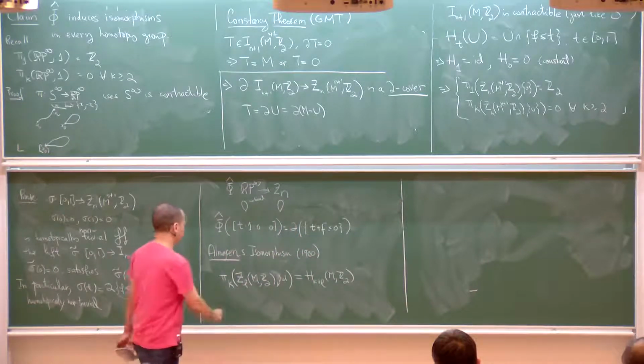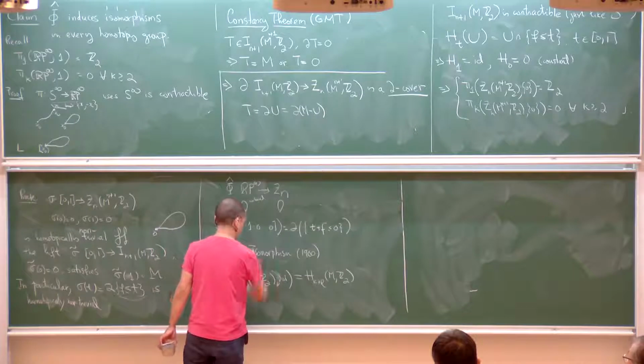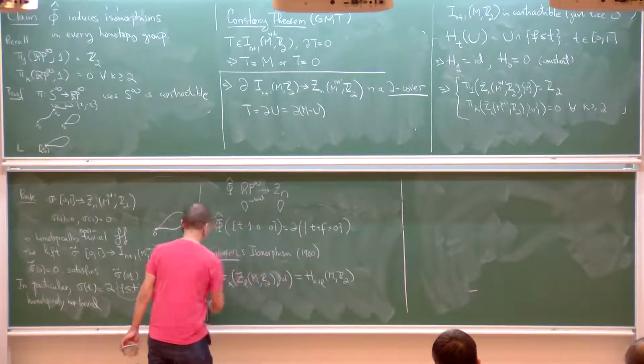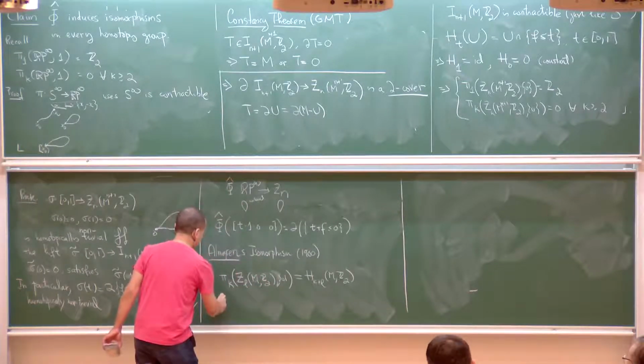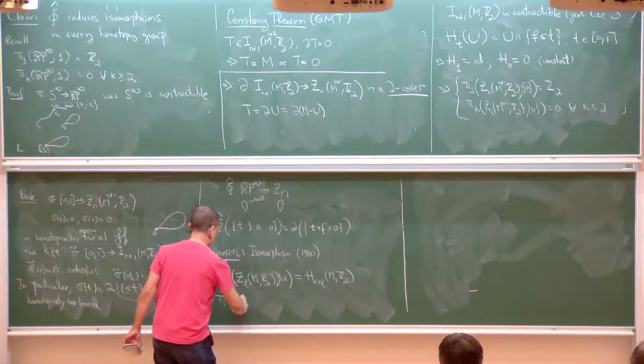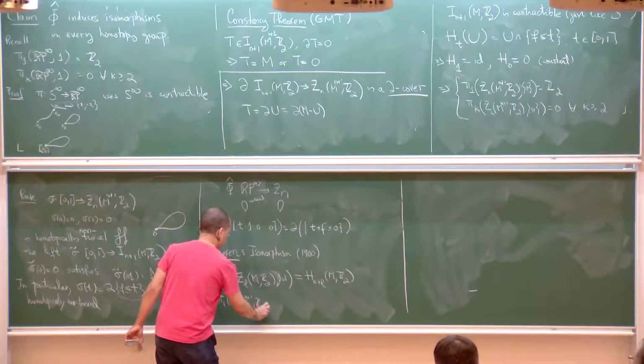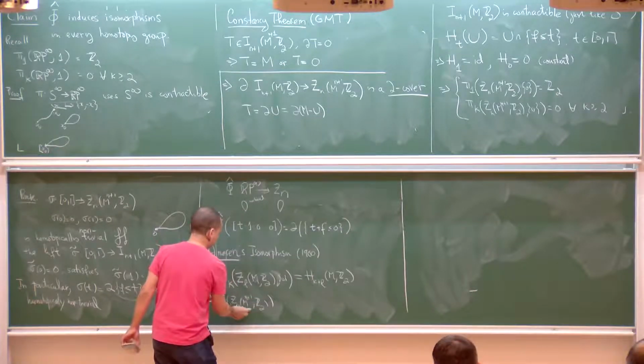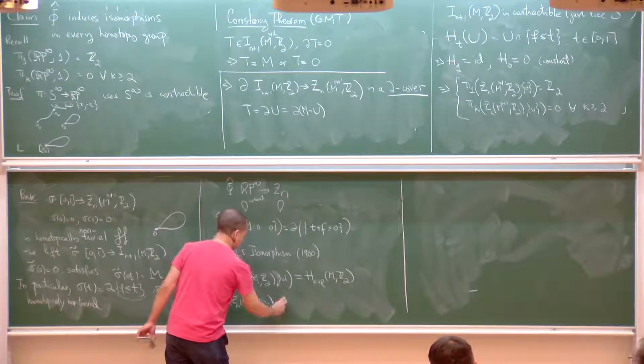So in particular, if you have codimension 1, this is going to imply that pi 1 of Zn of M n plus 1 is going to be the top dimensional homology of M, which is equal to Z2.